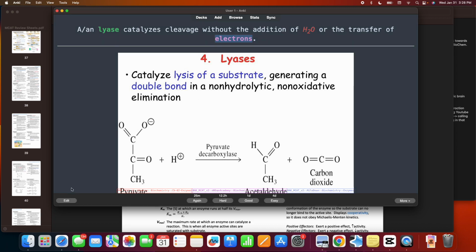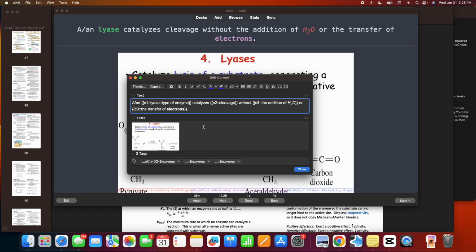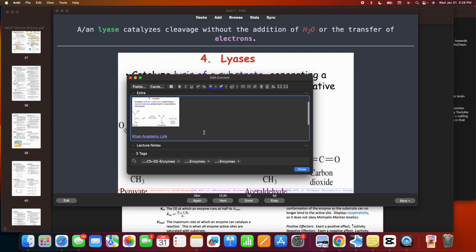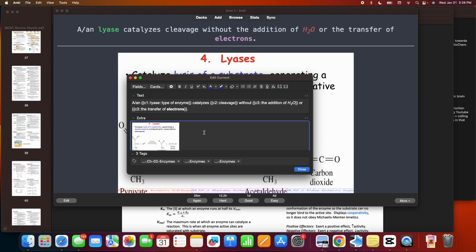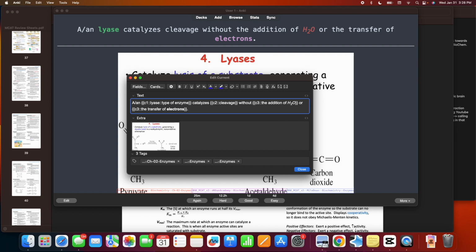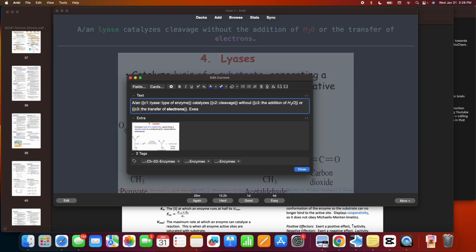So we want an example, which is pyruvate decarboxylase.